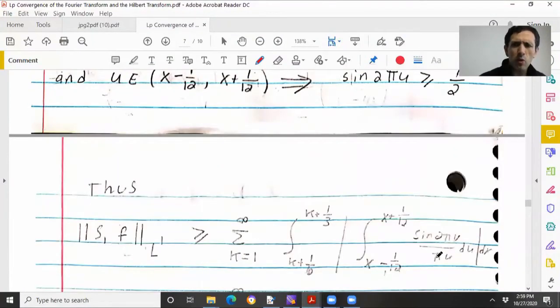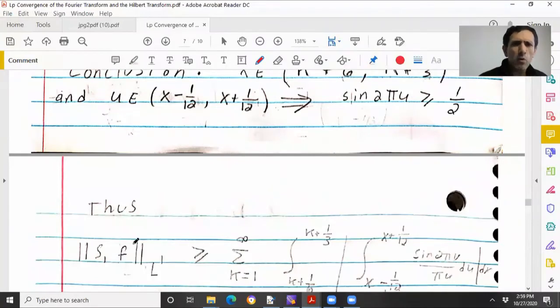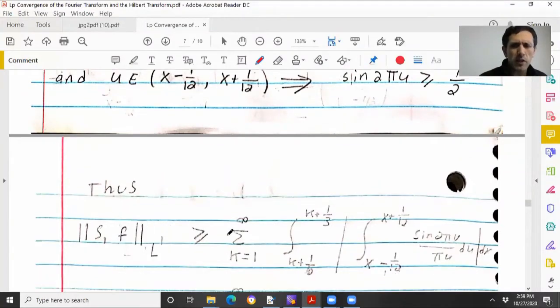Also, these intervals here are disjoint. As long as k is a positive integer, you can check these intervals are disjoint. So the L1 norm of S1F is bigger or equal to the sum over all these integrals.